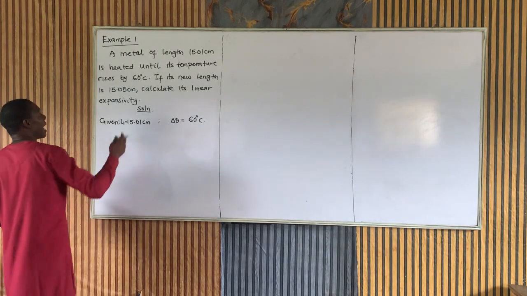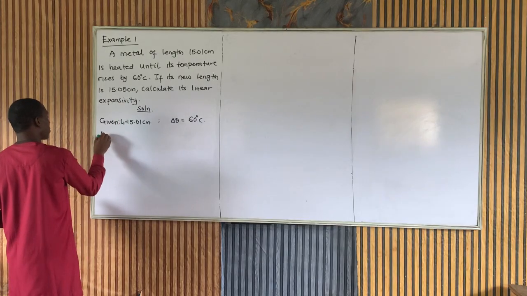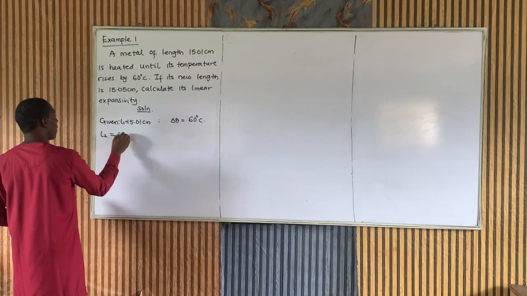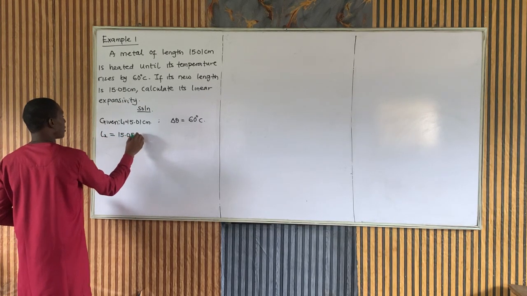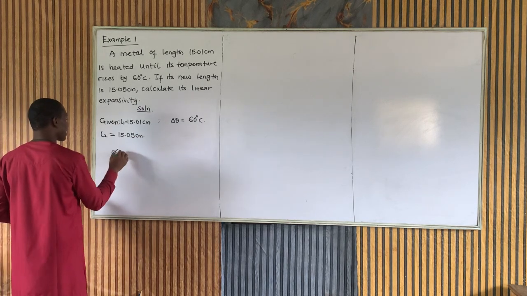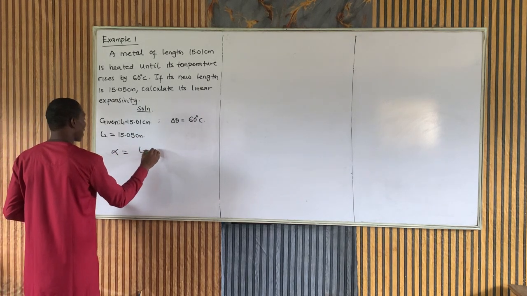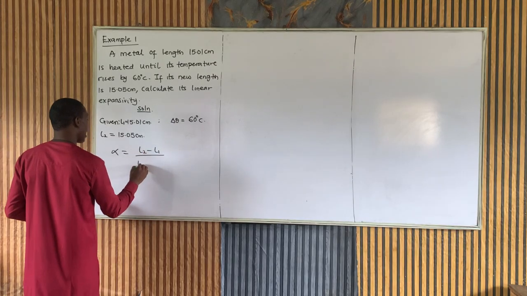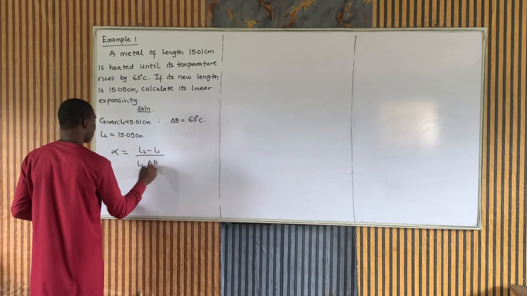Now, if its new length is, we are given L2 to be equal to 15.05 centimeter. Calculate its linear expansivity. We know that linear expansivity is given as L2 minus L1 over L1 change in temperature.